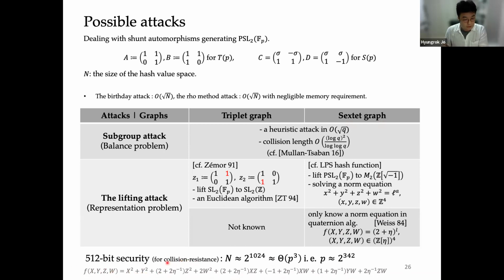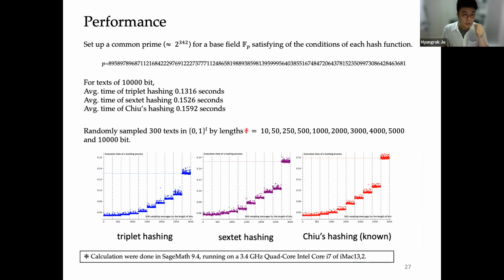For collision resistance, to achieve 512 bits of security, the size of the hash value space should be 2 to the 1,024. Then we have to choose P approximately 2 to the 342. For performance, we set up the common prime, which satisfies the condition of each hash function, where we consider the triplet graphs and sextet graphs and the chosen hash function.